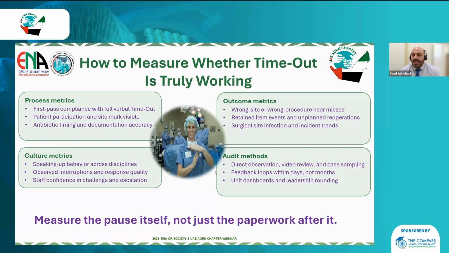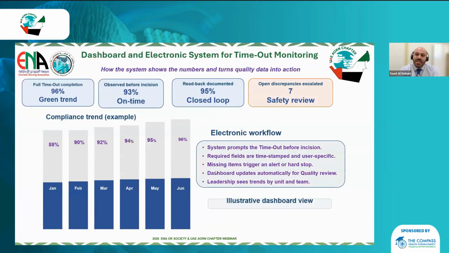Okay. Now, if we use a system and the system is reflecting reliable data, as we mentioned in the introduction, how will it actually look if I have a proper dashboard and electronic system for timeout monitoring? Remember, we are speaking about the quality perspective, not only the operational perspective.